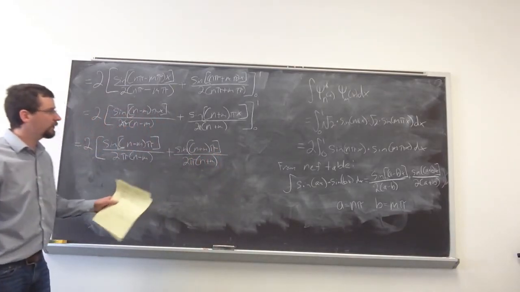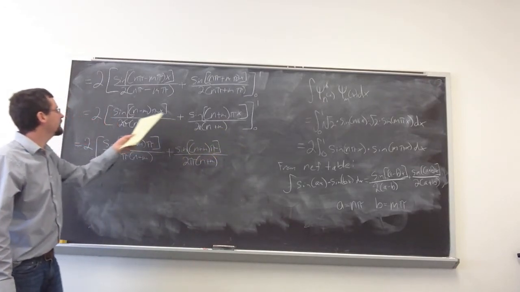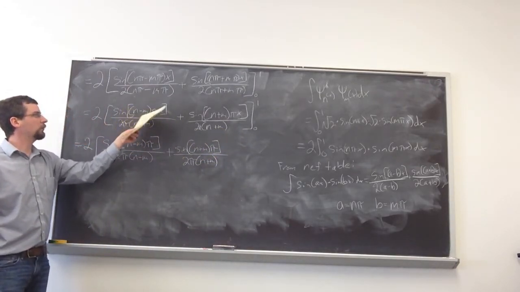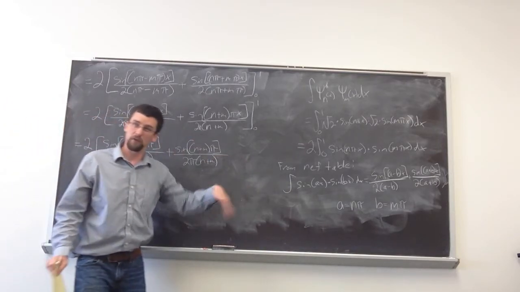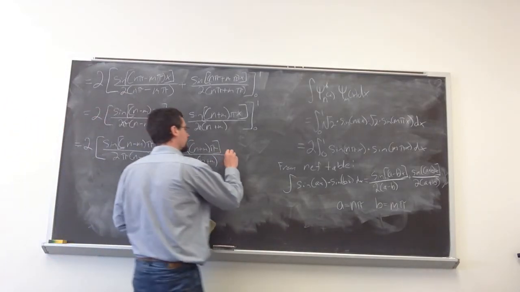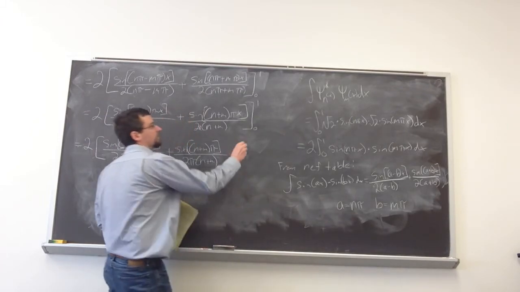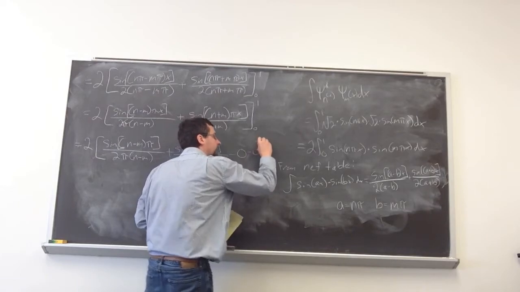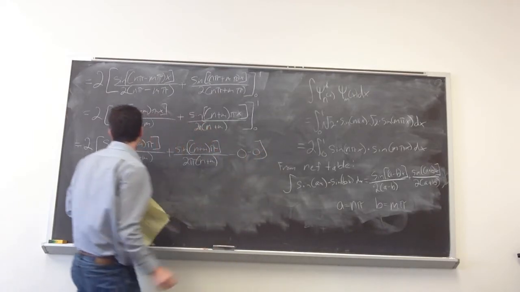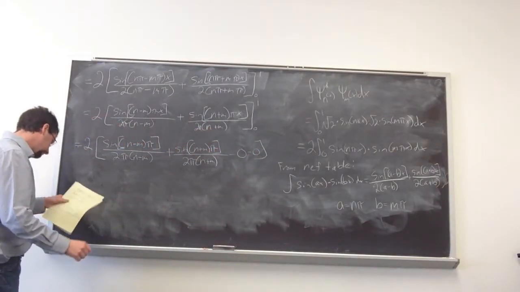Now, the 0 terms: this whole term up top becomes sine of 0, which of course is 0. So that first term becomes 0, and the second term, the exact same thing happens. So those drop out.